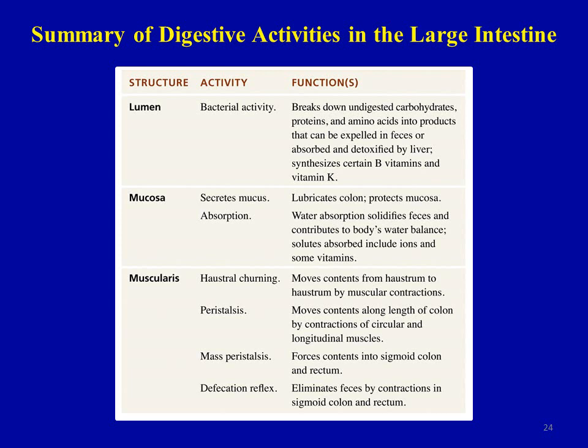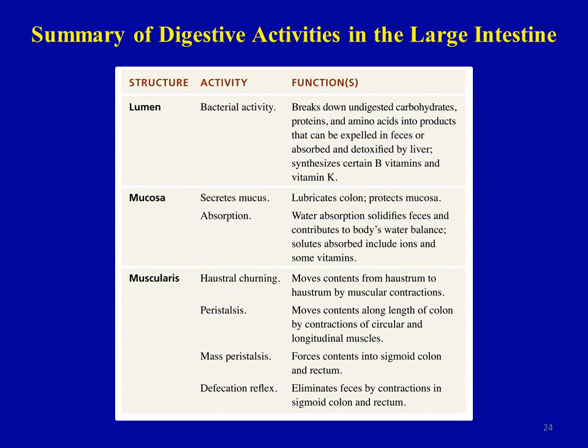And here is a summary of the digestive activities that happen in the large intestine. In the lumen, the bacterial activity breaks down undigested carbohydrates, proteins, and amino acids into products that can be expelled in feces or absorbed and detoxified by the liver, and also the synthesis of certain B vitamins and vitamin K. The mucosa secretes mucus that lubricates the colon, protects the mucosa, and holds the fecal material together.